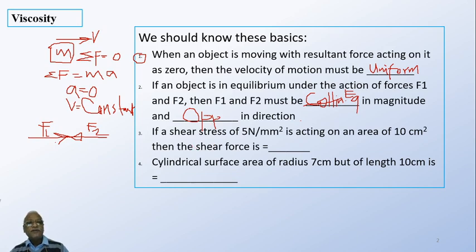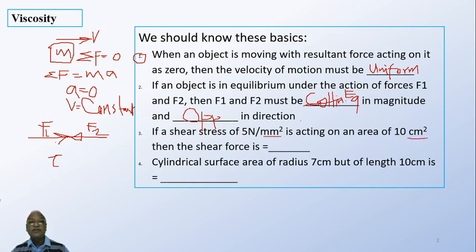Third one: if the shear stress, which is generally represented by the Greek letter tau, is given to be 5 newtons per millimeter square, acting on an area of 10 centimeter square, then what is the force? Here it is in millimeter square, here it is in centimeter square.